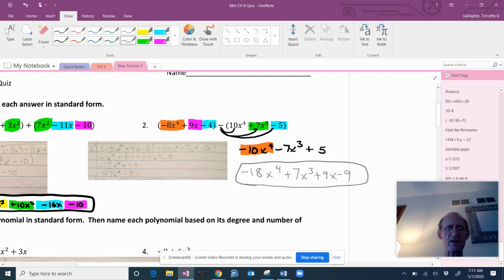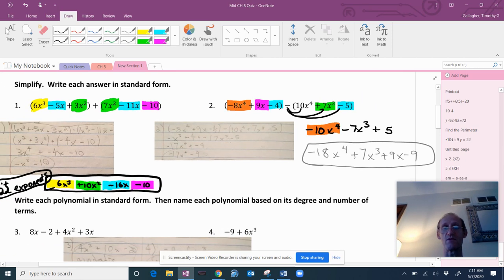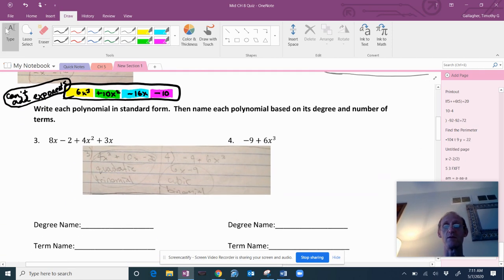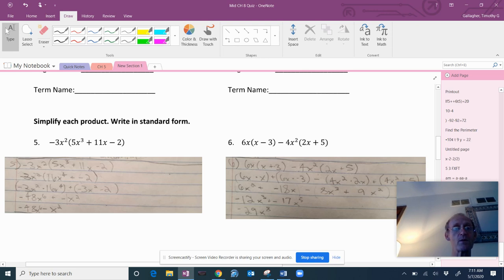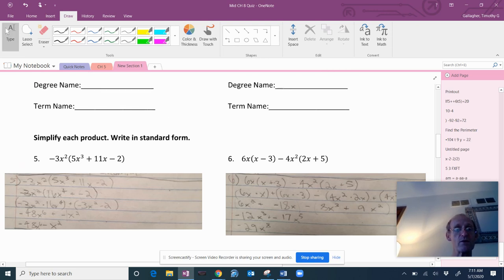I think you may have added the exponents or something. Okay, so just that there. And then these are all good except for you forgot that little 3 there. Okay, so those are fine. And these here, so when you multiply this, you distribute, okay?